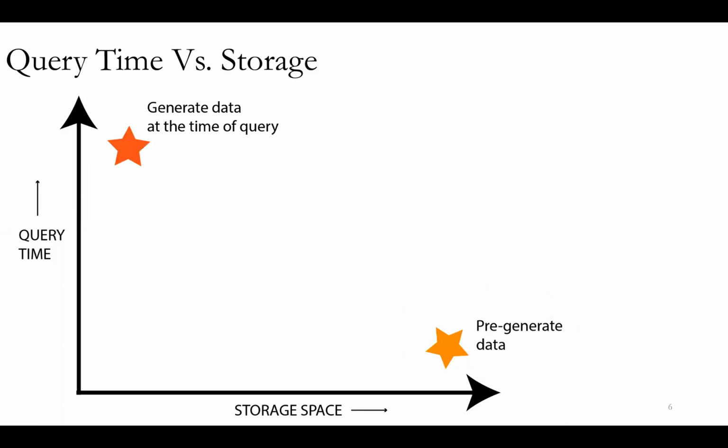The other approach would be to generate the data at the time of query. This results in queries taking tens of seconds to tens of minutes, which is far beyond interactive time frames. The ideal solution would be in the middle: interactive query times without having to generate all the data.